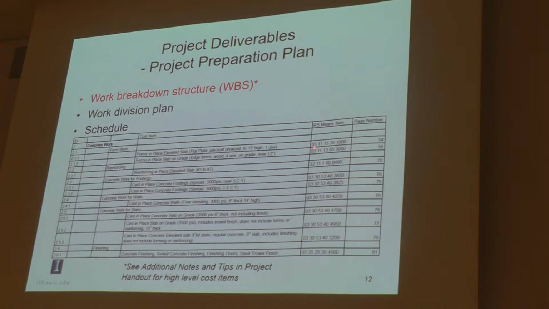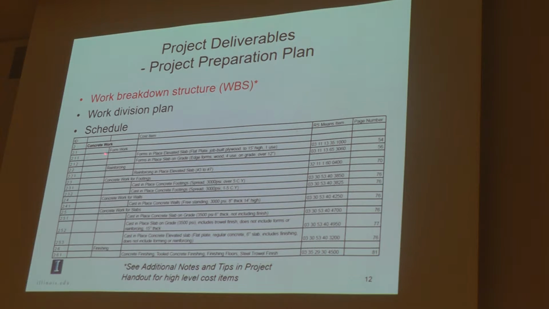And as you can see here, we have the RSMeans item number for this cost item. We have the page number. So this is exactly the format you need to submit for the work breakdown structure. You need to include an ID for each work. For example, here we have concrete work with ID 2. So the formwork has ID 2.1, and the following IDs follow this format.